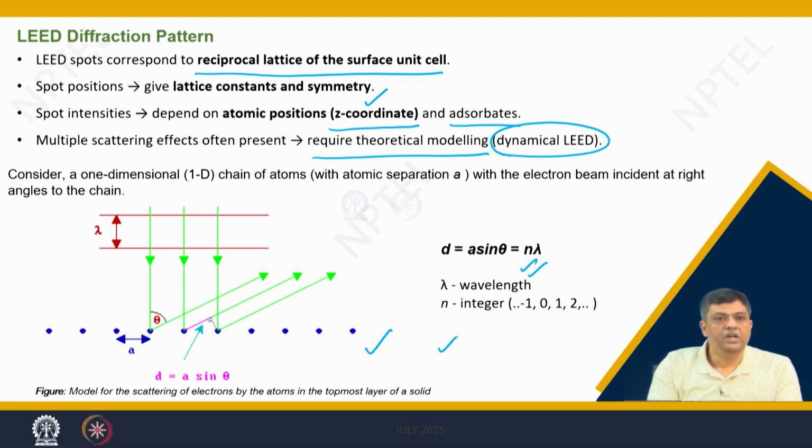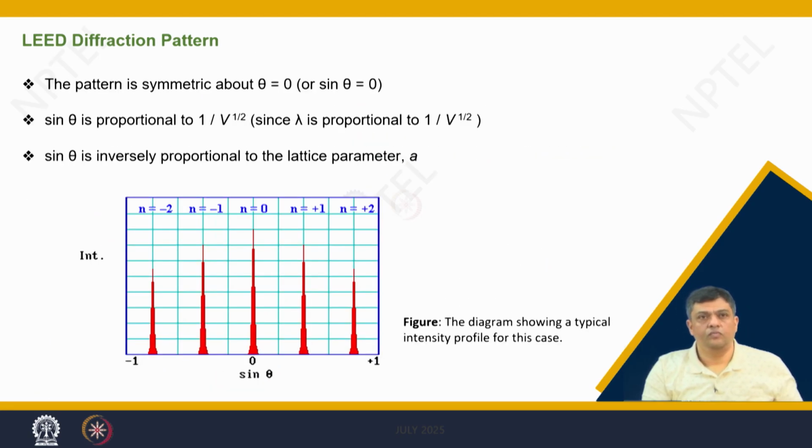If you take this model of the scattered electrons by atoms in the topmost layer of a solid, this is the way the typical intensity profile looks like.